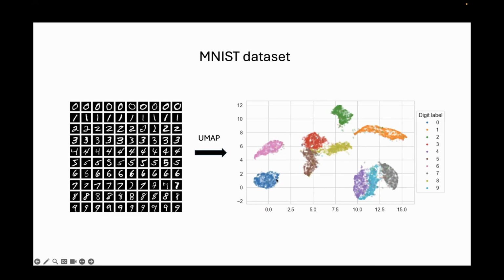As you note here, we have different blobs with different colors, and each of these colored blobs corresponds to a separate digit. So as we can see here, this data set can be very nicely transformed to a data set which can be used for clustering problems because it separates quite well.